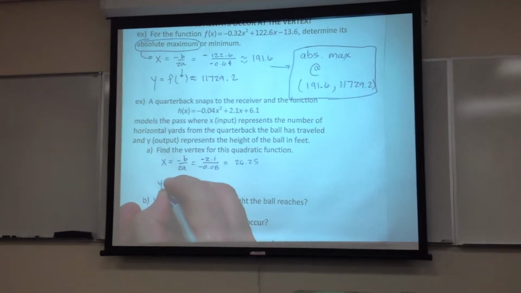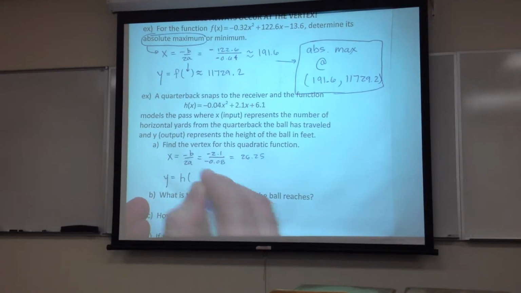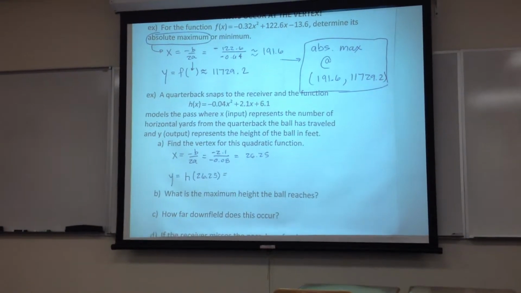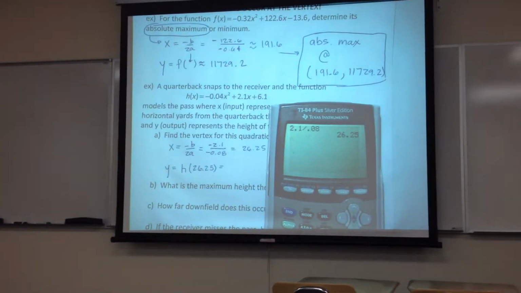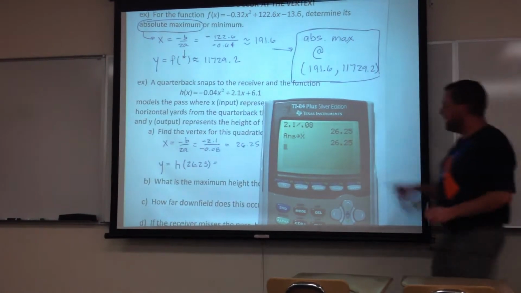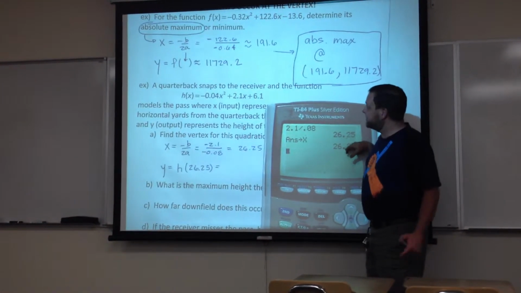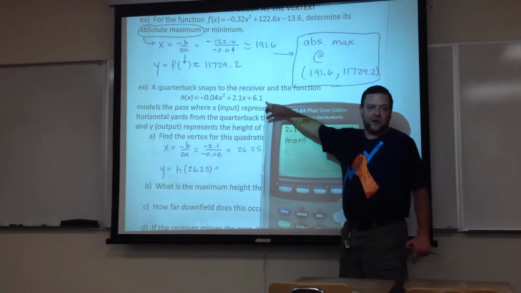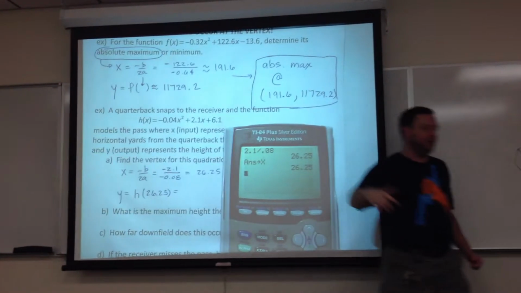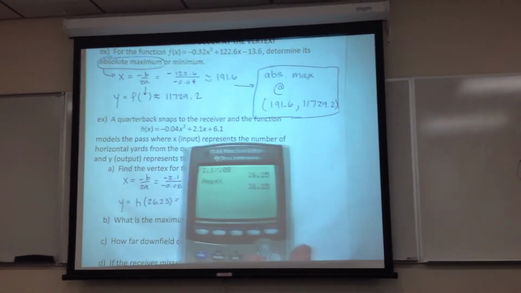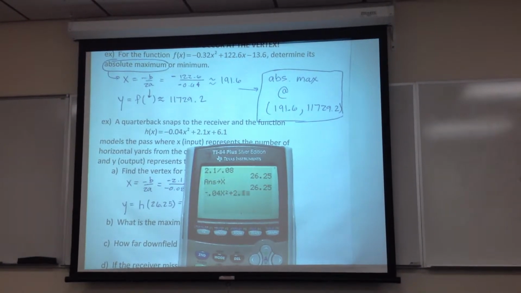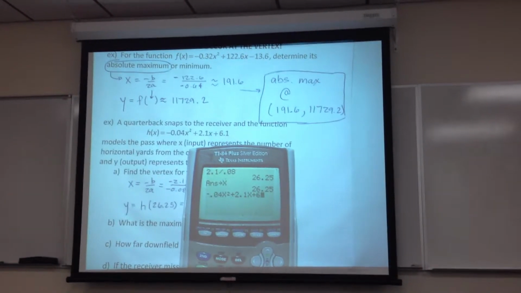The y coordinate is found by plugging that into the function. So I'm going to do the same thing I did in the last example. I'm going to store this as the value x using the store function, and then this is now stored as x. Type in the actual formula for the function, and it will plug that x value of 26.25 in for you: negative 0.04x squared plus 2.1x plus 6.1.